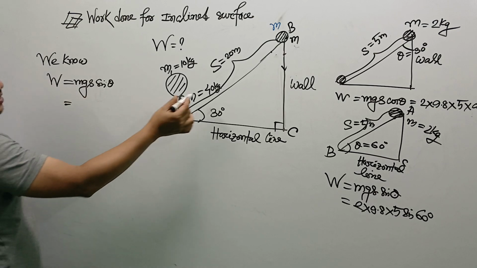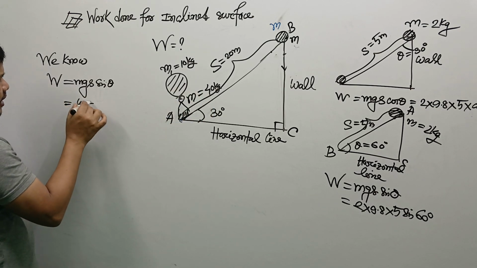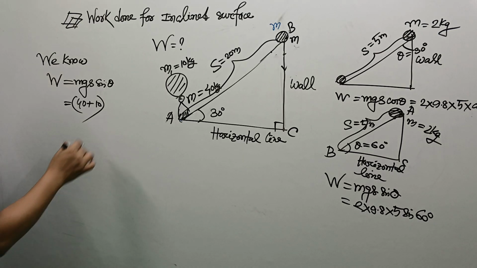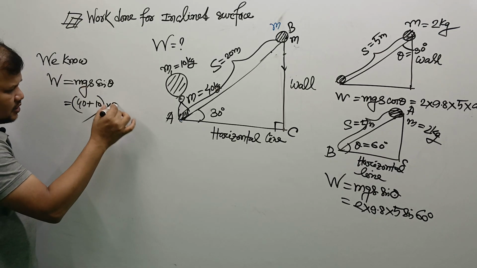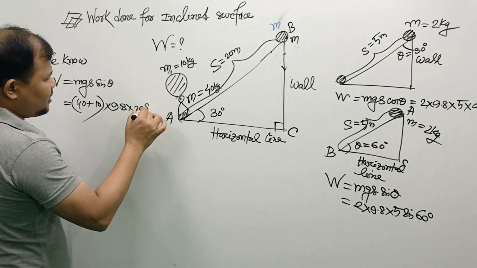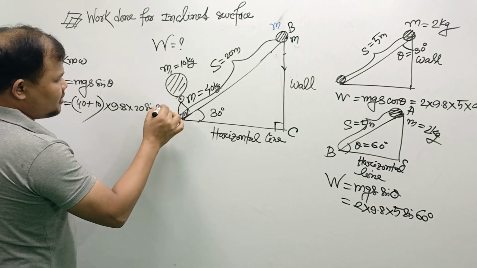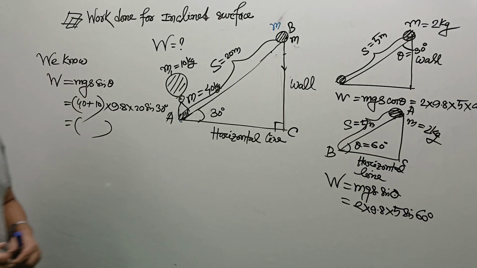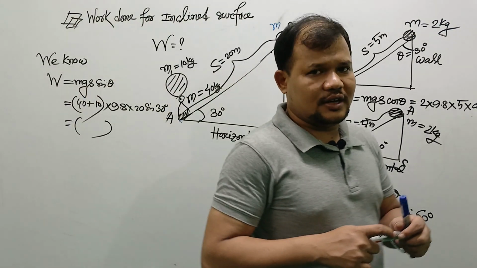Suppose the total mass is 40 plus 10. This is the total mass, the value of g is 9.8, the value of s is 20 meters, and the sine angle is 30 degrees. This is the problem. My dear students, I think that all of you clearly understand.